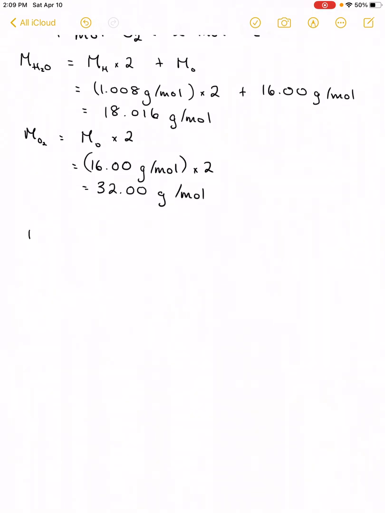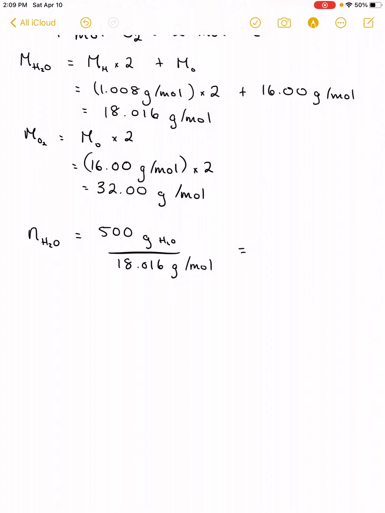So the number of moles of H2O equals 500 grams of H2O divided by the molar mass, which is 18.016 grams per mole.